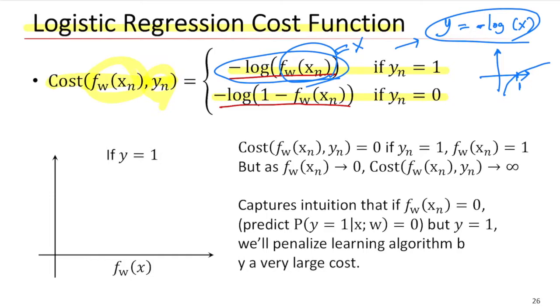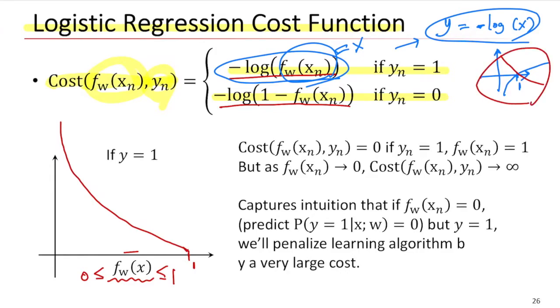But with this negative term, the shape looks like this. But we only consider this mapping function defined from 0 to 1. So the shape of this loss function looks like this from this one.